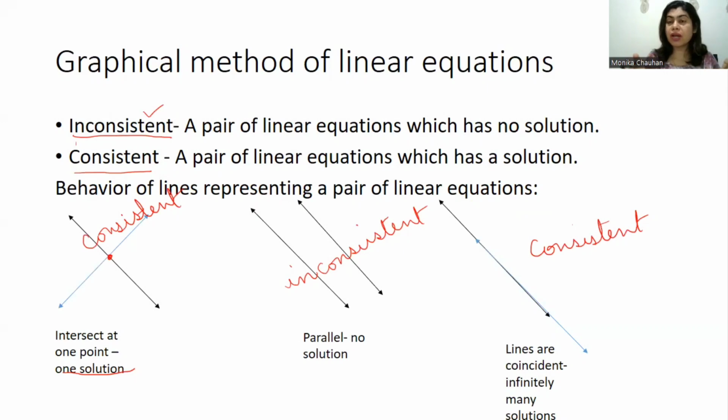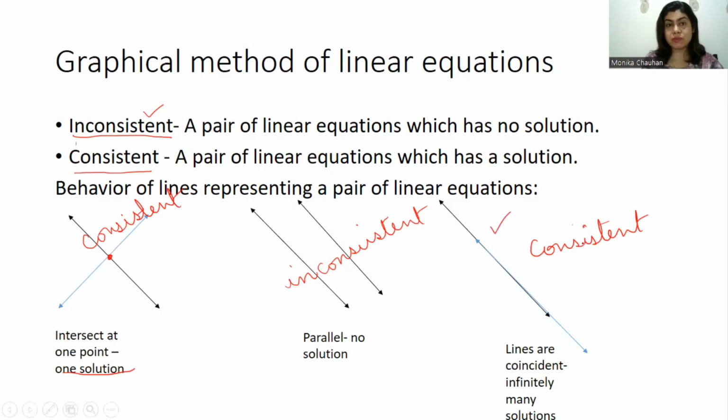The definition of parallel lines you learned in grade 6 and 7. They will never meet, so they are inconsistent. When the lines intersect at one point, it has a unique solution, and that is called consistent. And when the lines are coincident, like your third case, it is also called consistent.